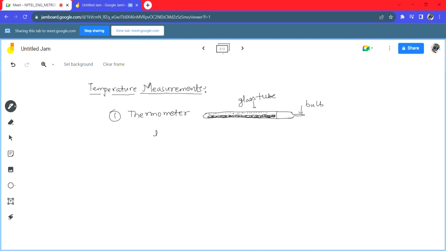Now liquid mercury has its own properties, because of which it becomes very suitable for human body temperature measurements.